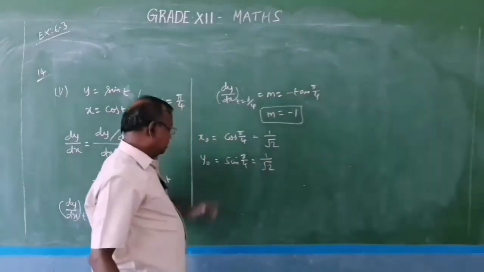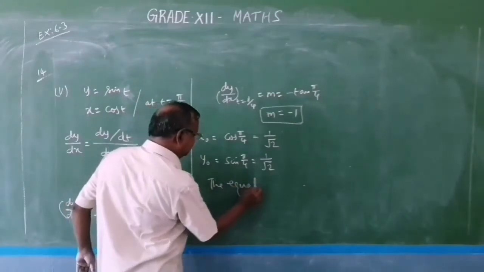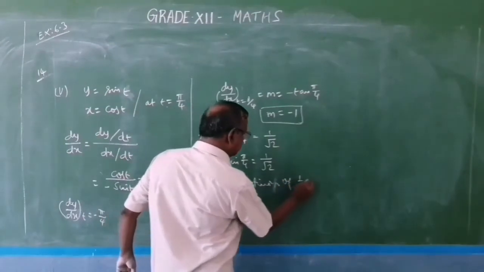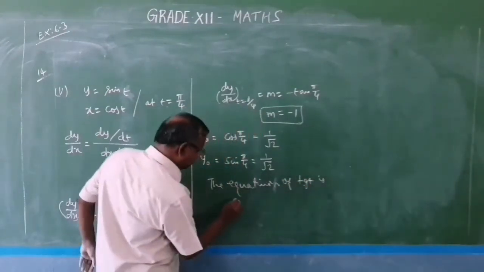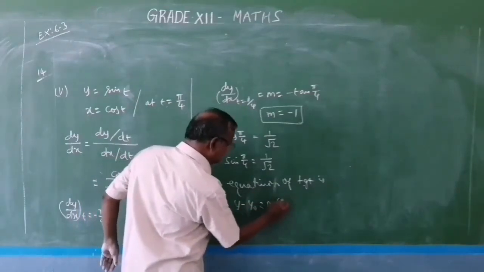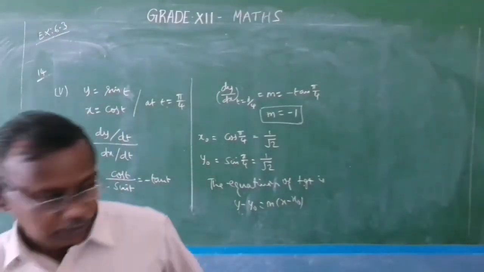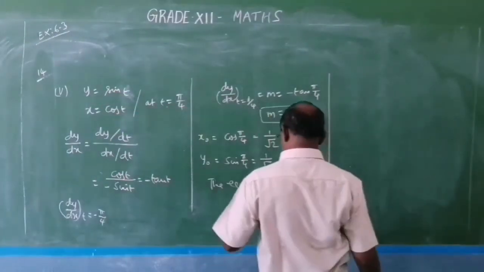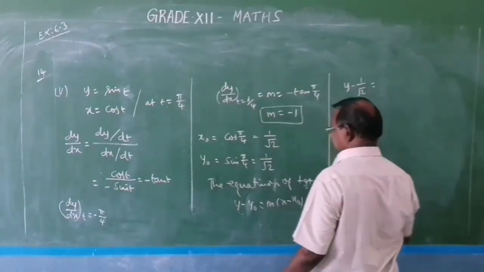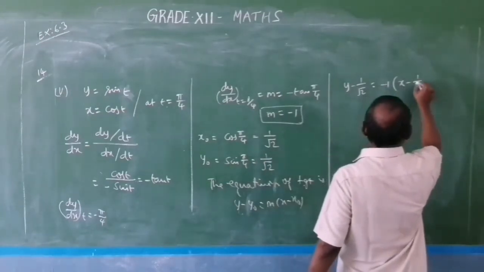So these two values. Now the equation of tangent is y minus y naught equal to m into x minus x naught. Let us substitute these values. y minus 1 by root 2 equal to, what is m? Minus 1 into x minus 1 by root 2.